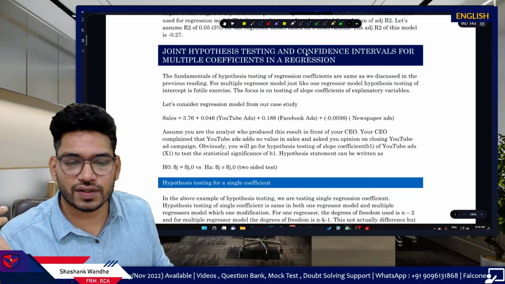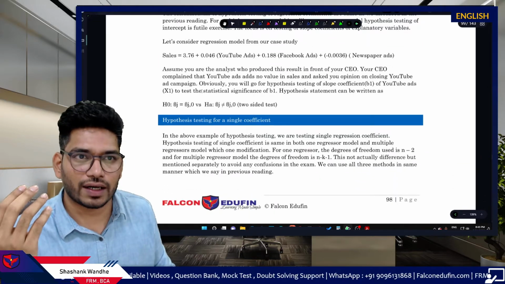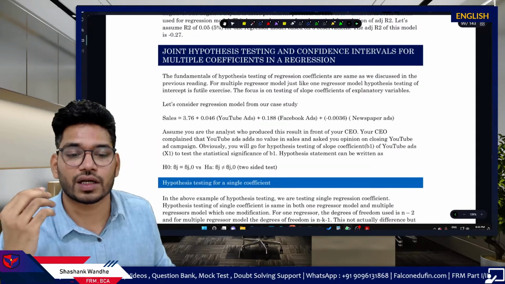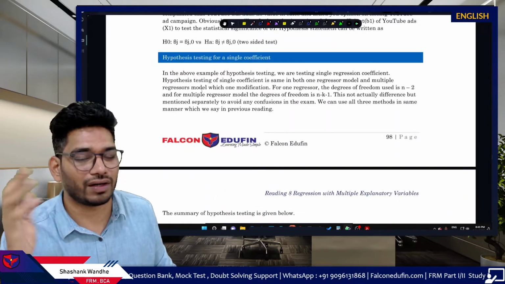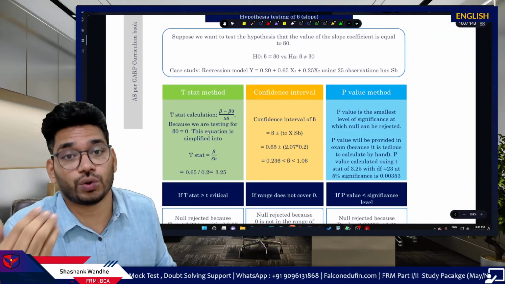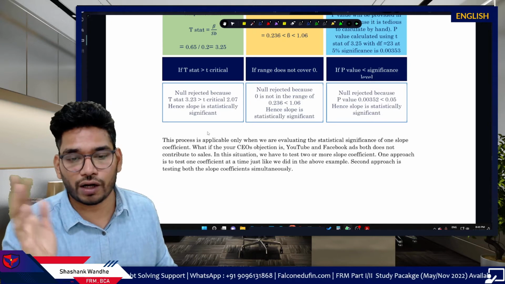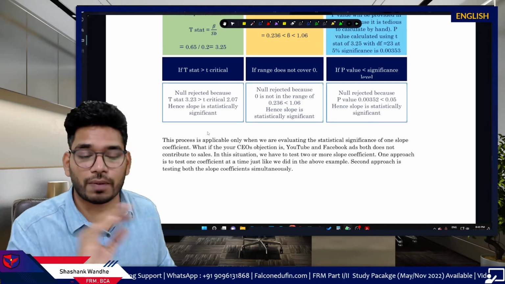Next is the joint hypothesis testing and the confidence intervals. This particular part is a theoretical discussion. Understand what joint hypothesis testing is, why it is done, and how it's done. You should not be worried about the calculation method. If you can do all the calculations, then definitely you should, but don't bother about it if you find the calculation part very difficult.